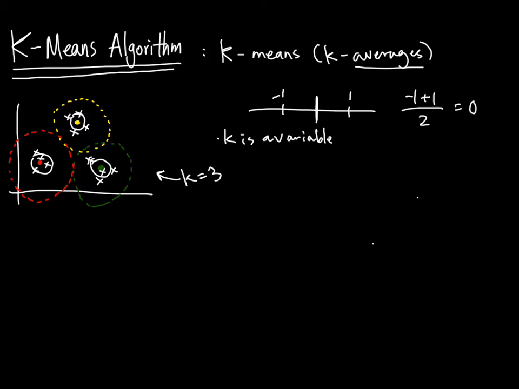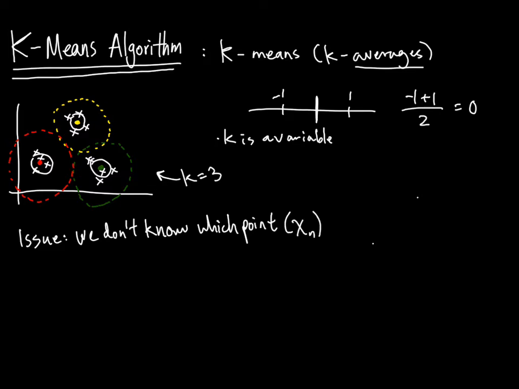of the data, right? An issue here is that we don't know which cluster a point, let's say xn, where x is a data point, belongs to, which we call zk.